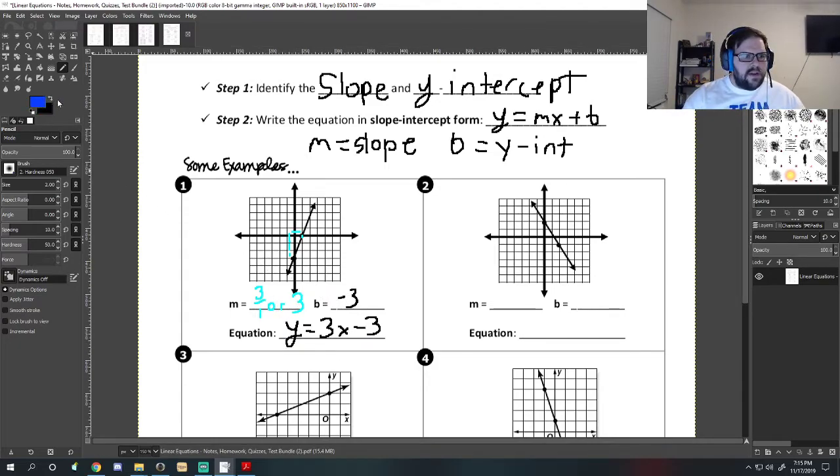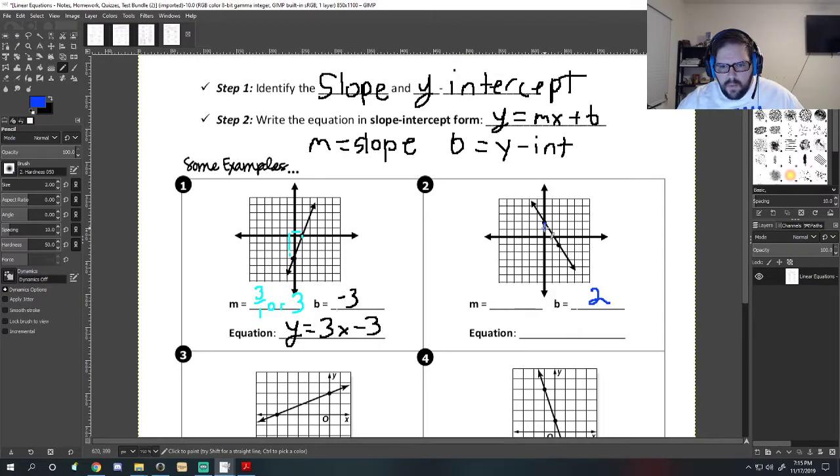Let's try another one here. For this one over here, I've got my 2 points, and I can actually work this backwards before I get my slope. I can look and see that my y-intercept is going to be +1, +2. So that means that my y-intercept is just going to be 2. And then as I am looking now for my slope, I have to rise then run.